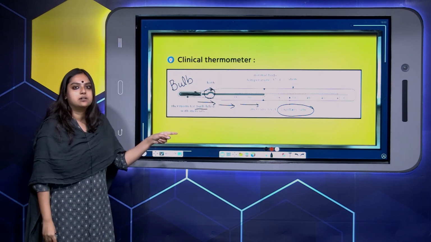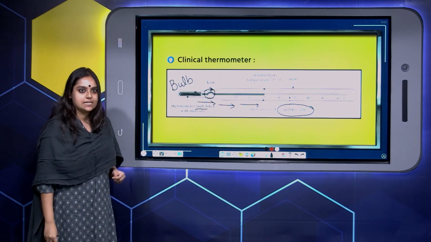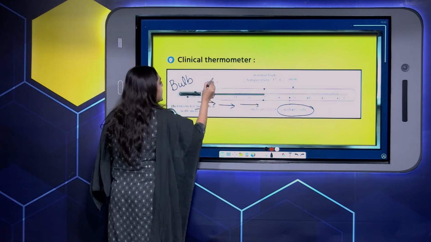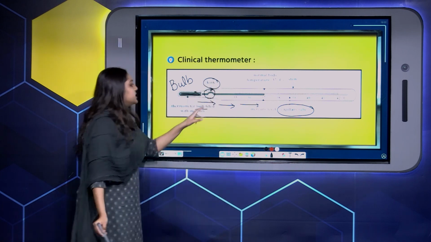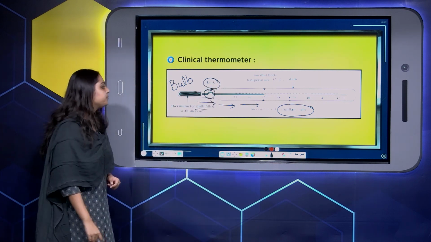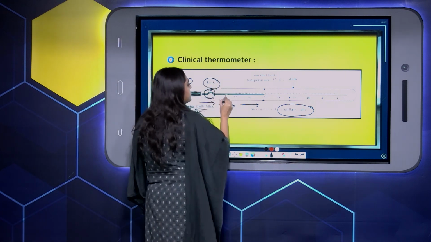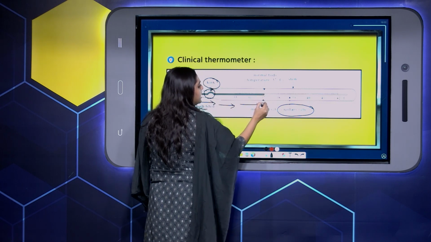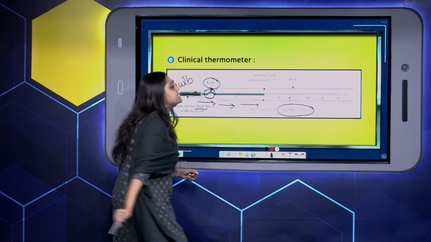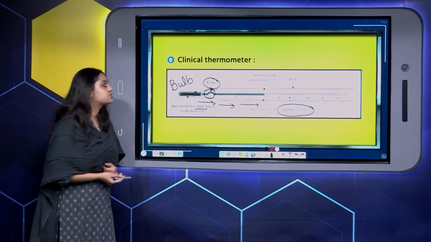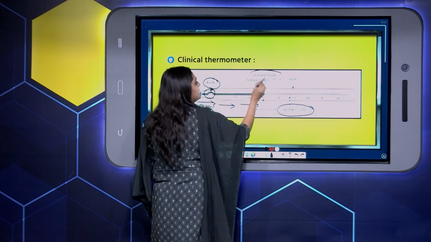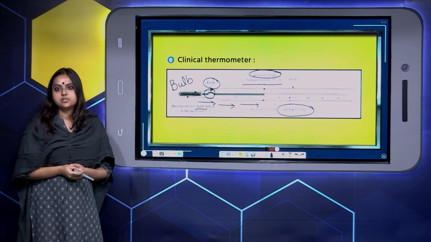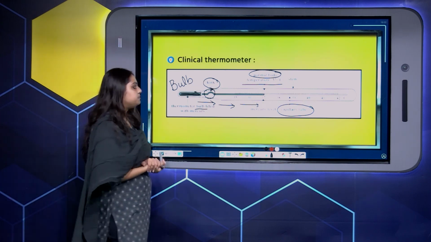Why is this curvature used? I'll discuss this later, but remember this question. So there's a kink or curvature here, okay? And this is the mercury level. It is coming to a number called 37. It's written, the normal body temperature is 37 degrees Celsius. Okay.